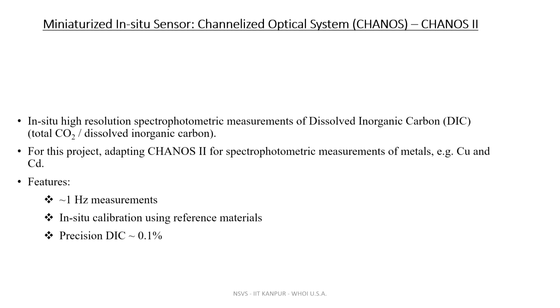Now, I am coming to one of the miniaturized in situ sensors which was developed in Utsol Institute of USA. This is called the channelized optical system, or CHANOS. Now this Chanos system has in situ high resolution spectrophotometric measurements of dissolved inorganic carbon.